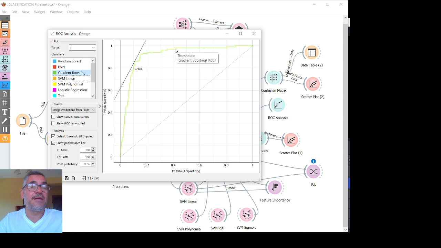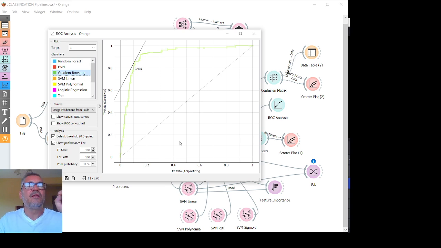So we have a 98% chance of detecting a fire. So 98 of 100 fires are going to be detected, and the alarm is going to sound. But we're going to have 40% false alarms. So sometimes at night we are going to hear the alarm and there is no fire.